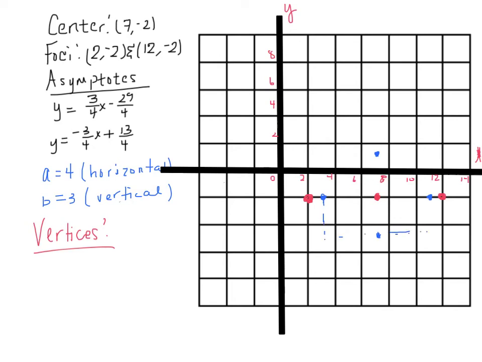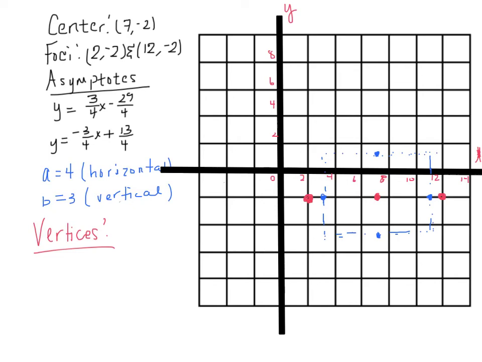And if you have a ruler, I would draw this definitely more exact. But this is the box that we're looking at. And the reason this box is so cool is because your asymptotes are the diagonals of this rectangle that's just been created. It sounds crazy, it sounds mind-blowing, but it's amazing.